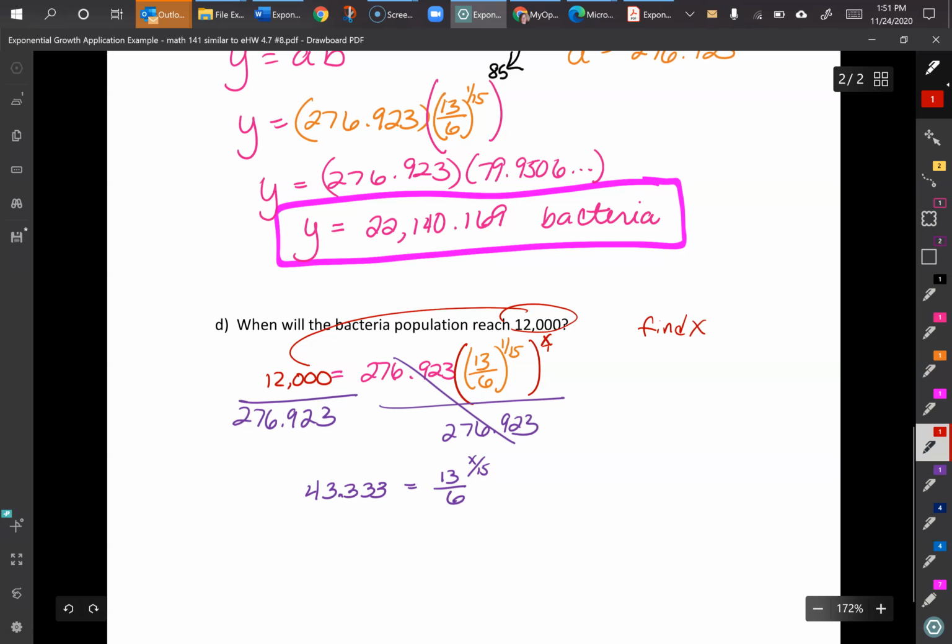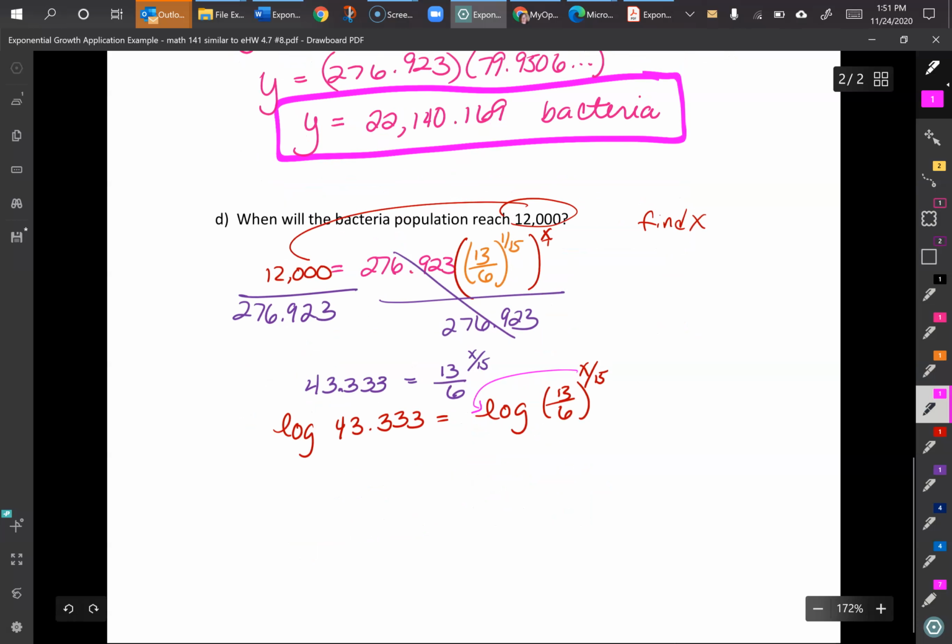So I'm just multiplying my exponents there. Then I'm going to use my log properties. So I'm going to take the log of both sides. So log 43.333 equals log 13 over 6 to the x over 15. And this will come down in front.